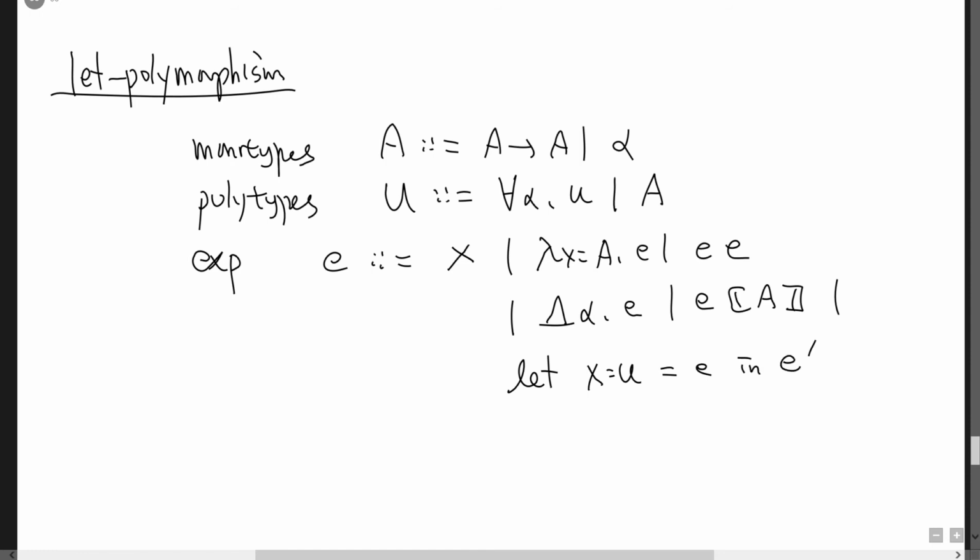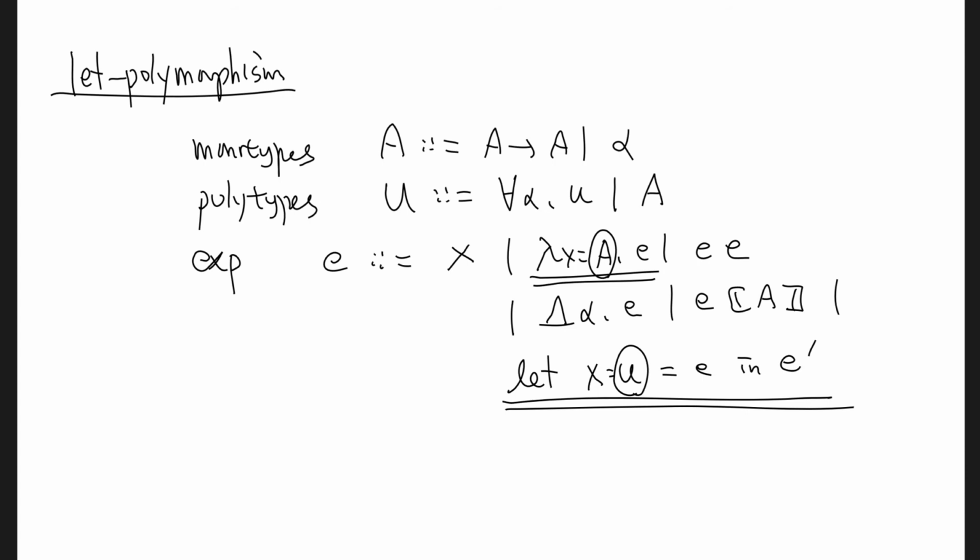So now we have two sources of variables. The first, lambda abstraction. The second, let binding. Every variable from lambda abstraction has a monotype here. But in general, those variables from let binding can have polymorphic type. Now, unlike the predicative polymorphic lambda calculus, variables can have polytypes because of this.